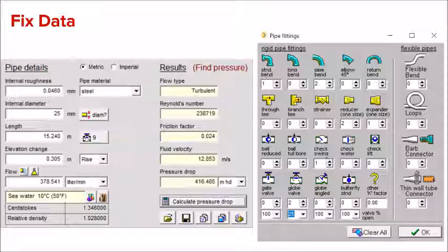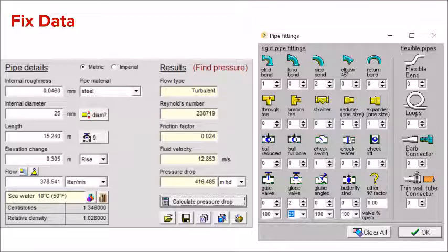Result and calculation. Fixed data. First we set the pipe detail, internal roughness, which we set at 0.046 mm, and pipe material is steel, internal diameter 25 mm, length 15.24 m, elevation change 0.305 m, and flow 378.541 liters per minute.